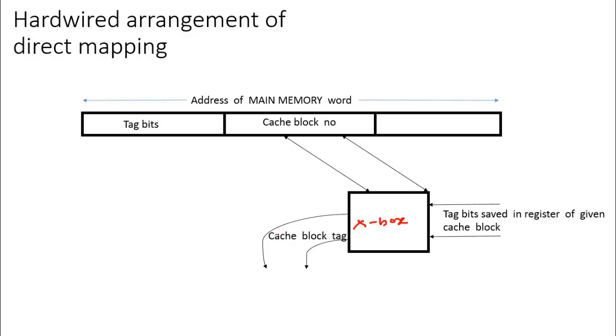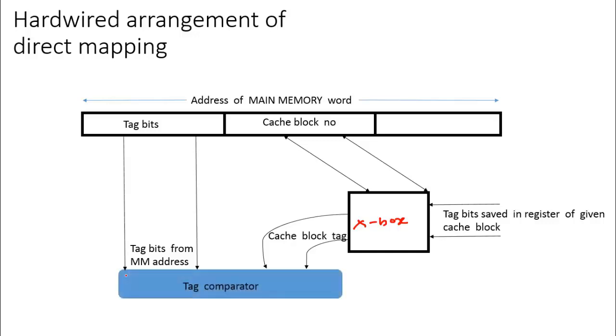All right, and now the tag bits from the address of the main memory word that we are looking for will be fetched and compared with the tag bits that we have got from the Xbox. To compare these tag bits, we will use a tag comparator. The tag comparator is a very easy combinational circuit.